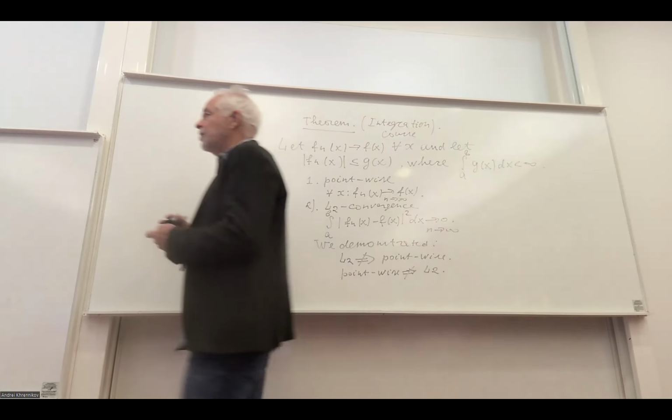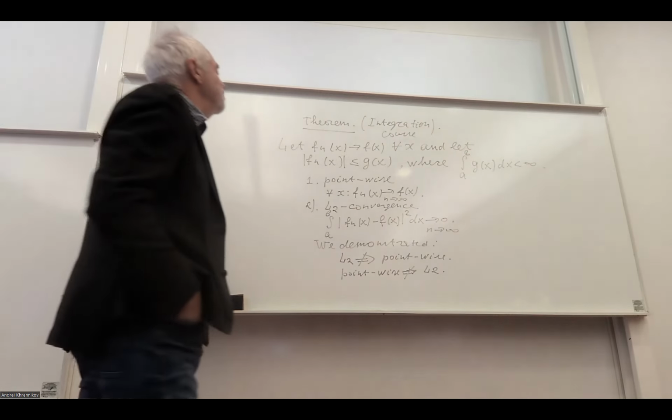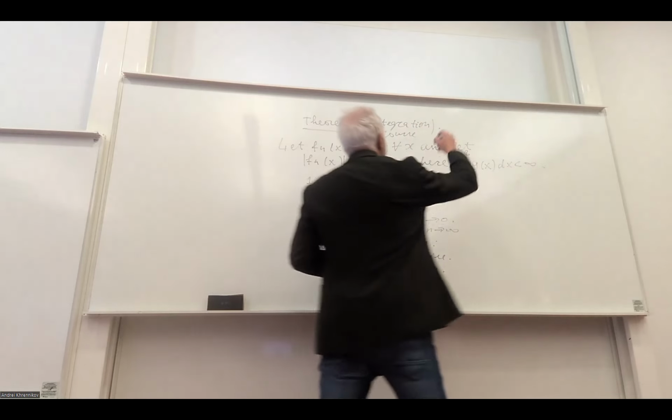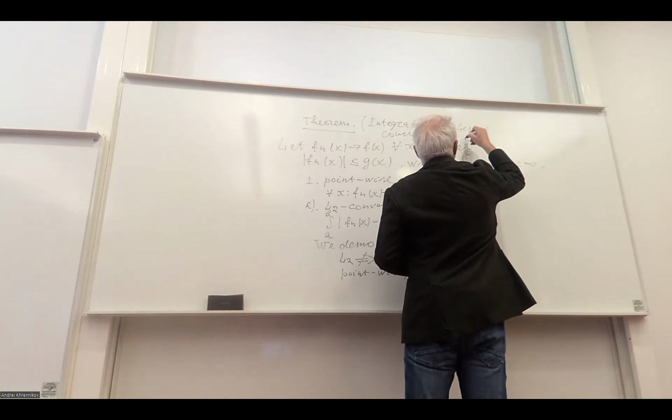Of course, g(x) is non-negative because it bounds the absolute value. It's called Lebesgue's theorem on majorated convergence, but its name is not important for us.